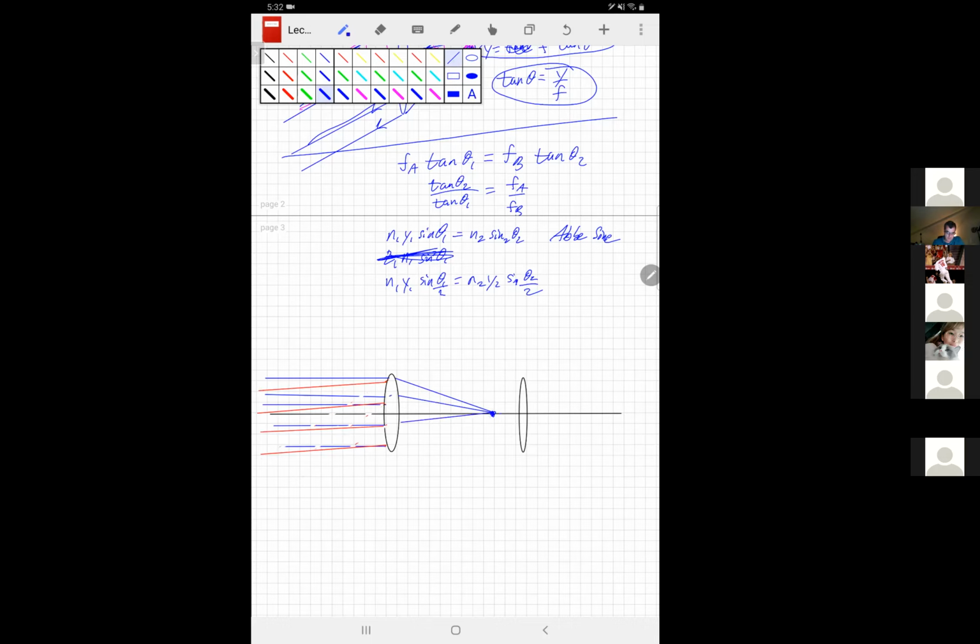And the second star would form its image above that.